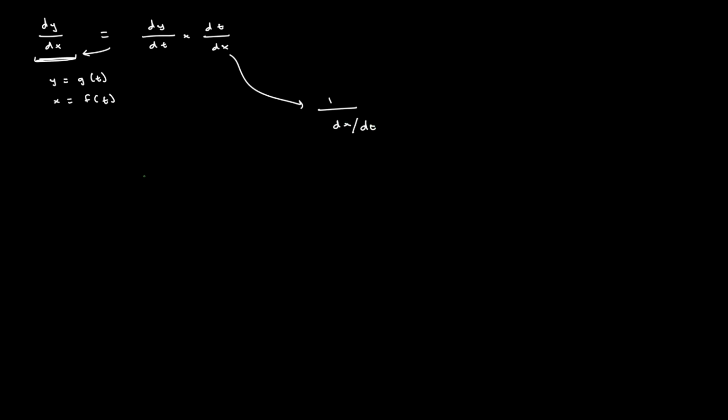And so given all these facts, we can write dy over dx as dy over dt divided by dx over dt. And we already know how to find each of these components by simply differentiating the given values that we have from our parametric function.